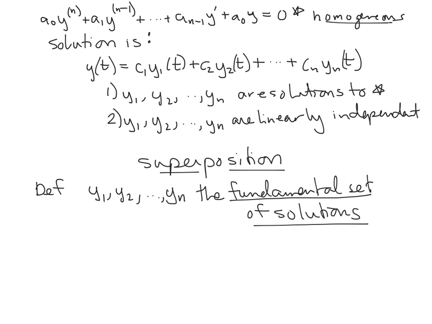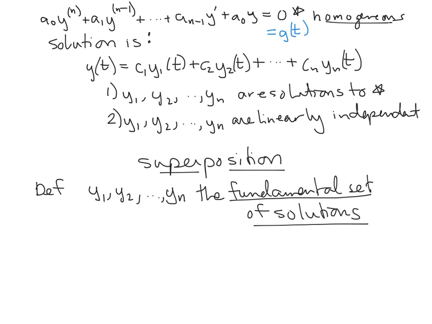So now, what if it's non-homogeneous? It's kind of the next question to this. If it's non-homogeneous, then there would be some g of t in there, and that g of t can be comprised of different solutions.